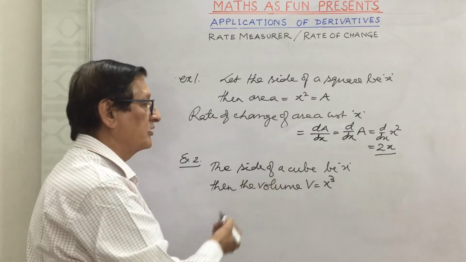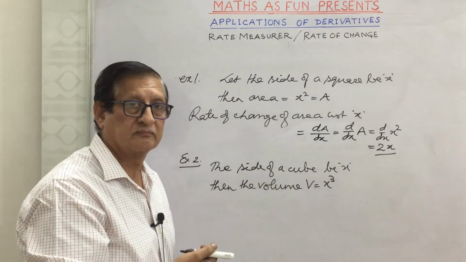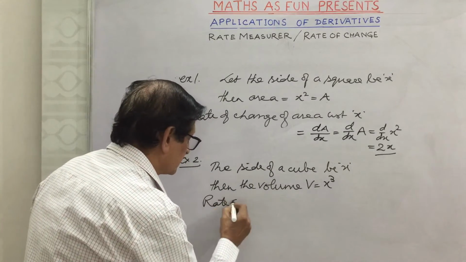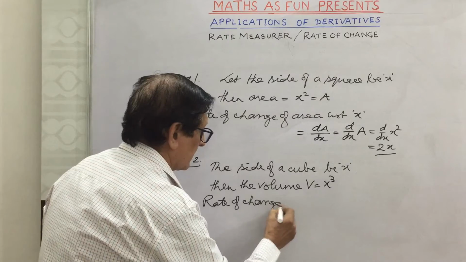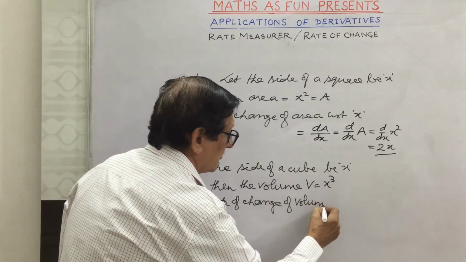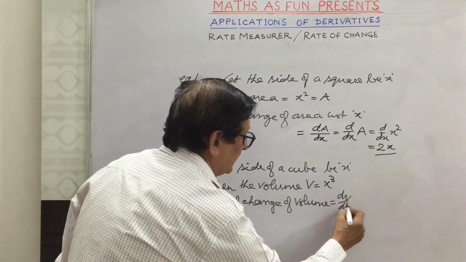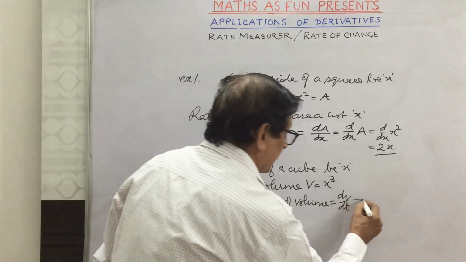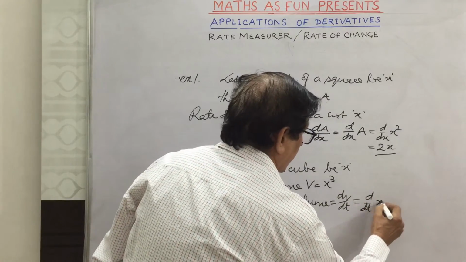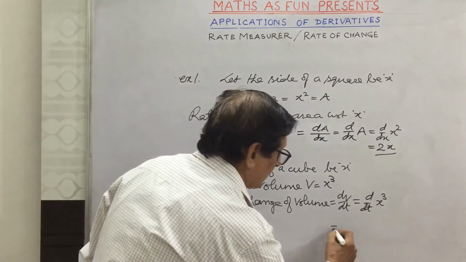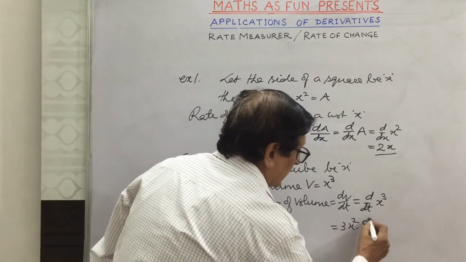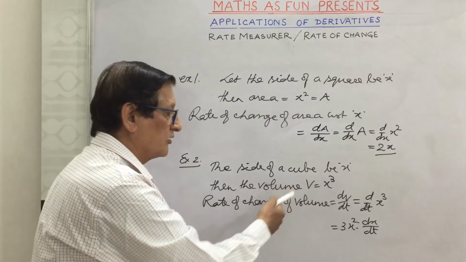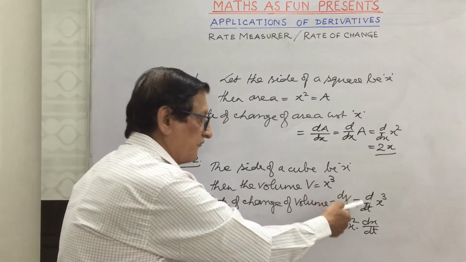And in case we want to find out the rate of change of the volume with respect to time, it will be given by dV by dt, which can be written as d by dt of x cube, which can be written as 3x square into dx by dt. So in this case, we can find out the rate of change of volume if we know the rate of change of its side.